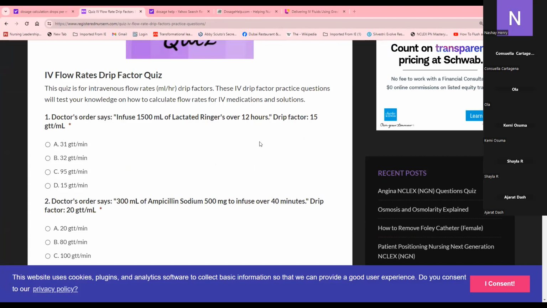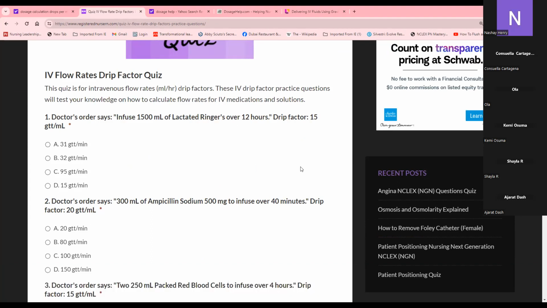Can you see the IV flow rate drip factor quiz? Yes.